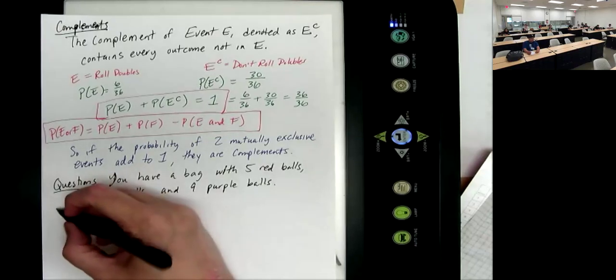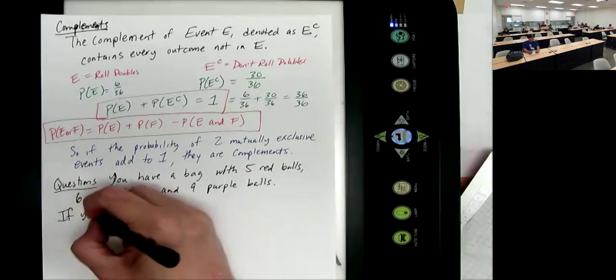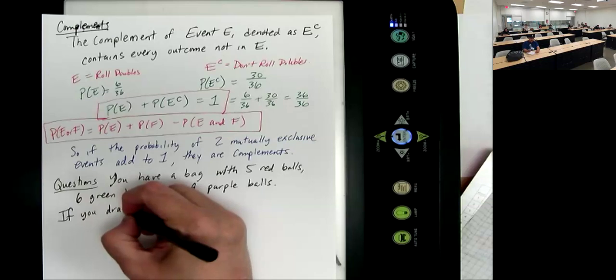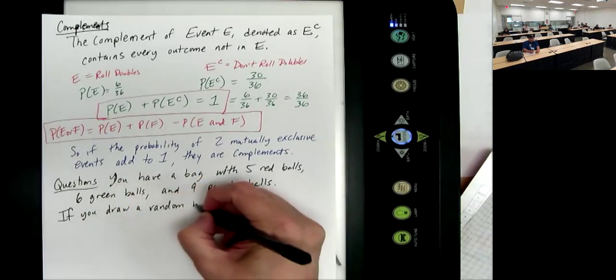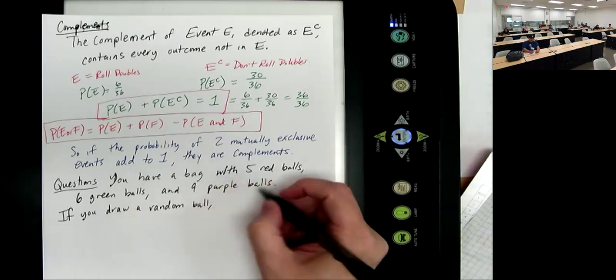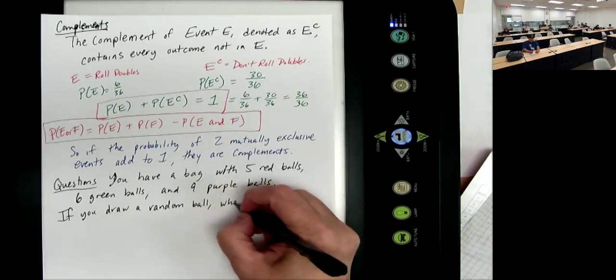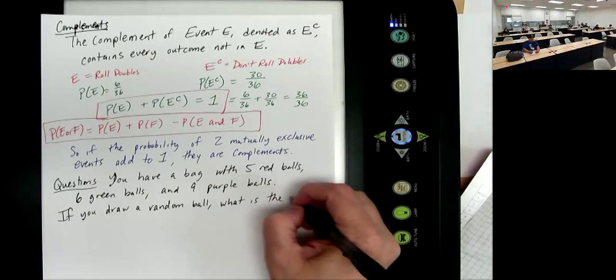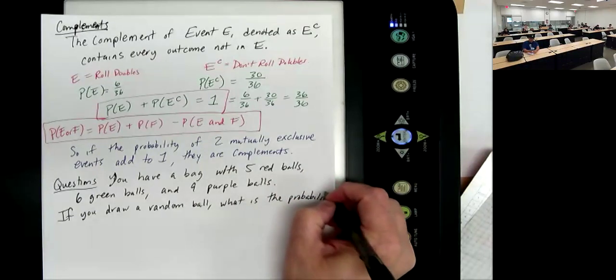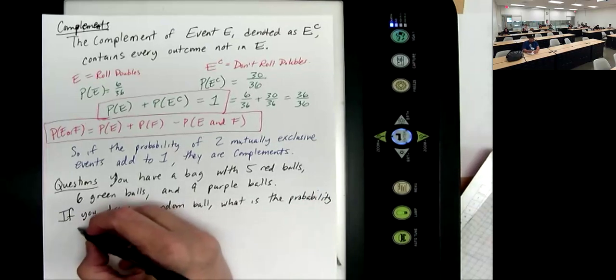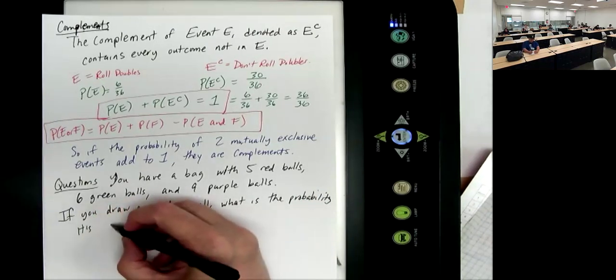If you draw a ball at random, what is the probability it's green or purple?